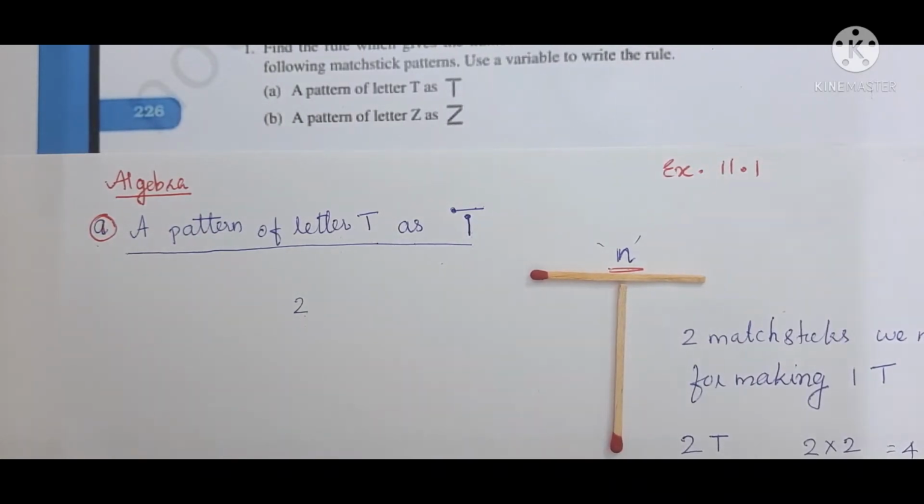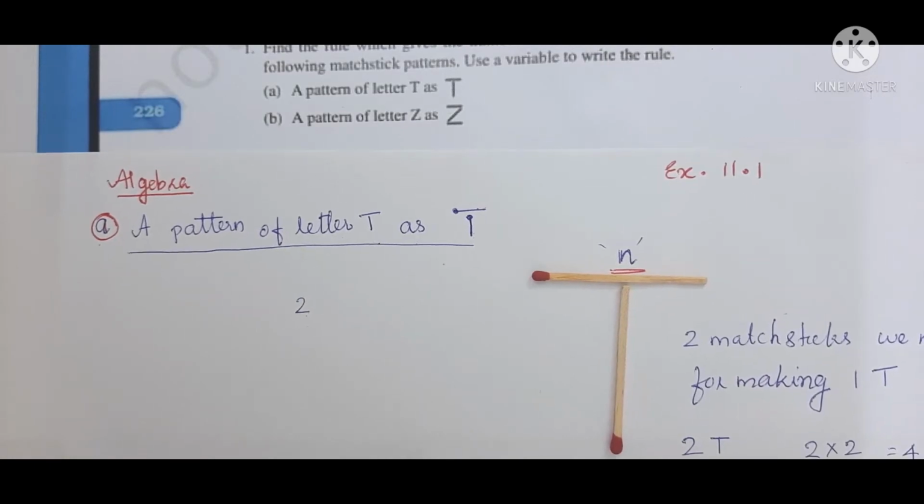Like this we have to make n letters of T. So how will it be? We have to write 2 into n, that is 2n. That is the rule for making n number of T letters, right?